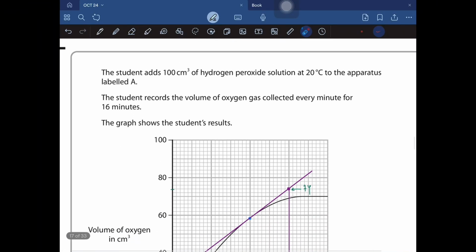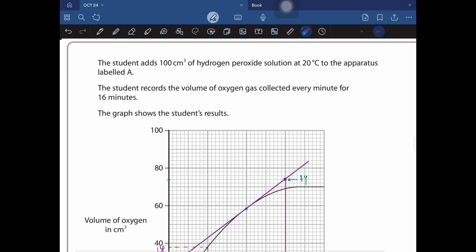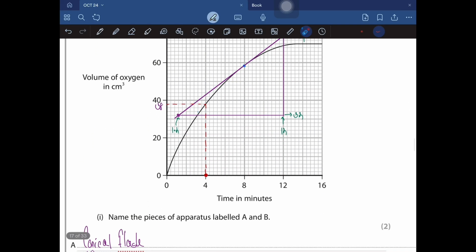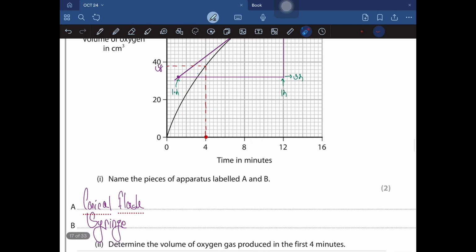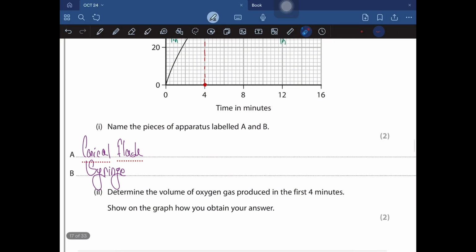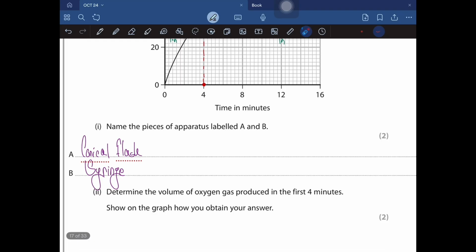The student adds 100 cm³ of hydrogen peroxide solution at 20 degrees Celsius to the apparatus labeled A. The student records the total volume of oxygen gas collected every minute for 16 minutes. The diagram shows the result. Name the pieces of apparatus labeled A and B. A is the conical flask and B is the gas syringe.